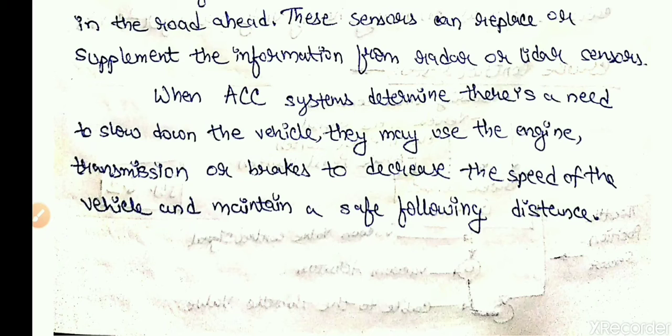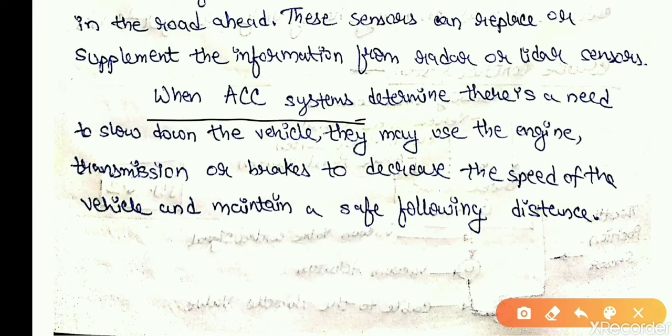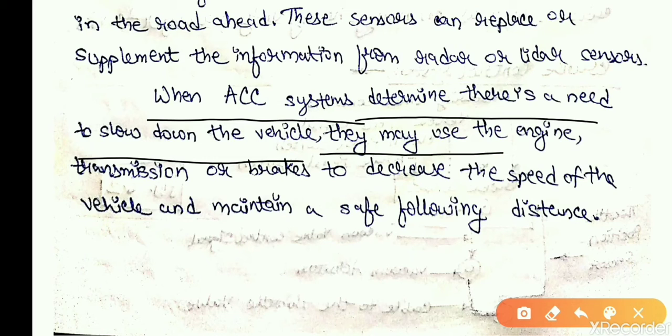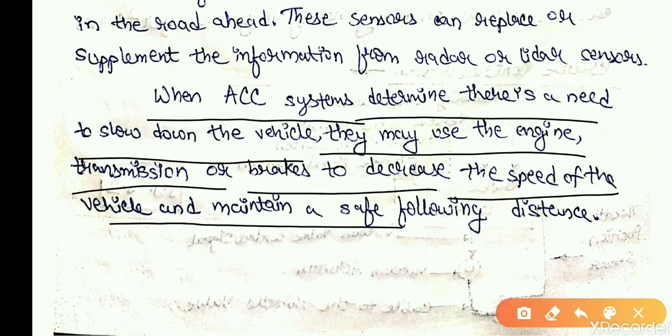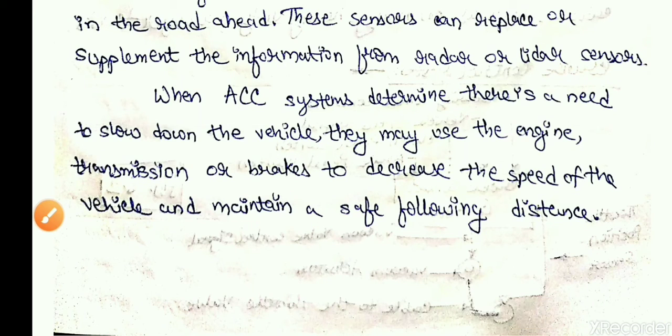It says when ACC systems determine there is a need to slow down the vehicle, they may use the engine, transmission or brakes to decrease the speed of the vehicle and maintain a safe following distance. Now see how this works. If the vehicle in front of you suddenly stops and you are running at a speed of 80 or 90 kilometers per hour, what happens?